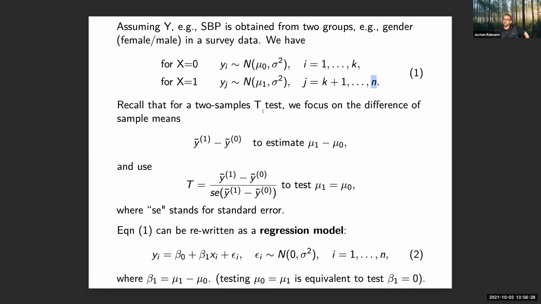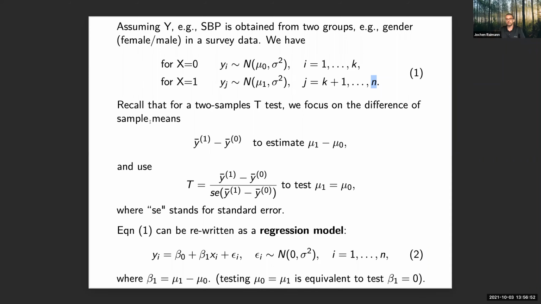For a two-sample t-test, we focus on the difference between the sample means. We remember the t-test: if it's a two-sample t-test, we're drawing independent samples from each group, and we calculate the means. So we're calculating not infinite, but a large number of means, and we get a distribution of the sample means.